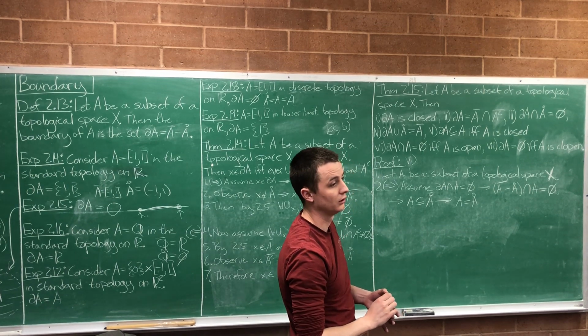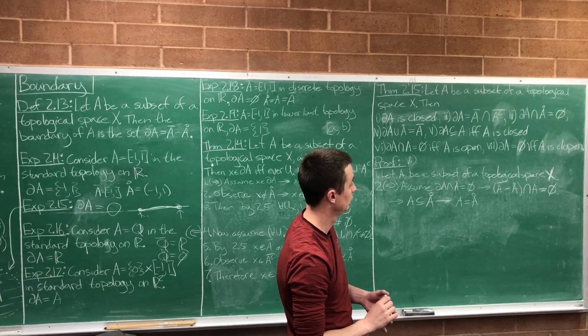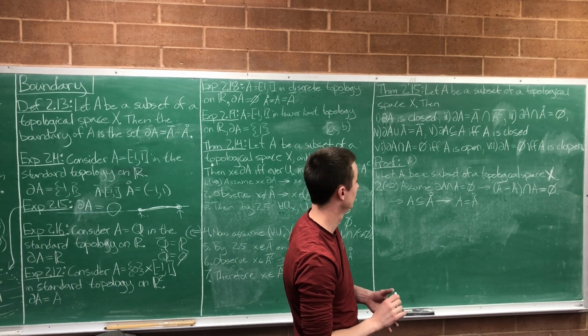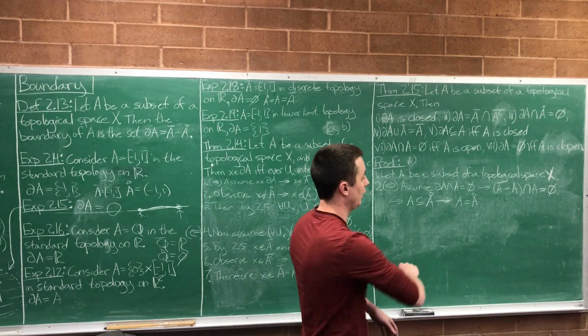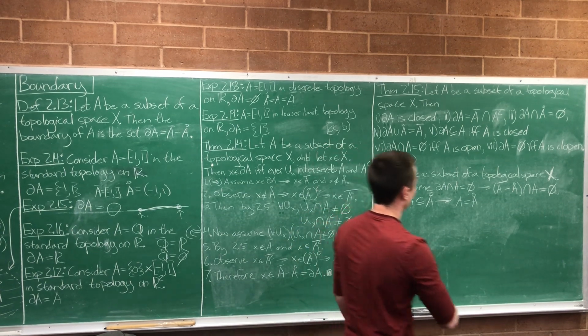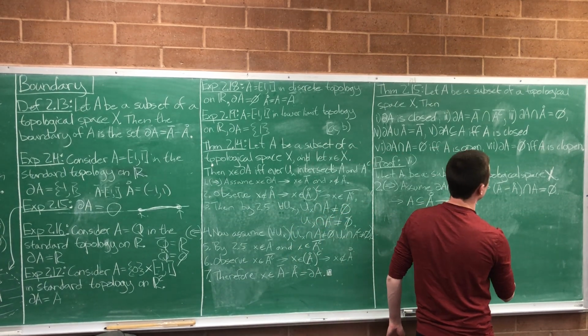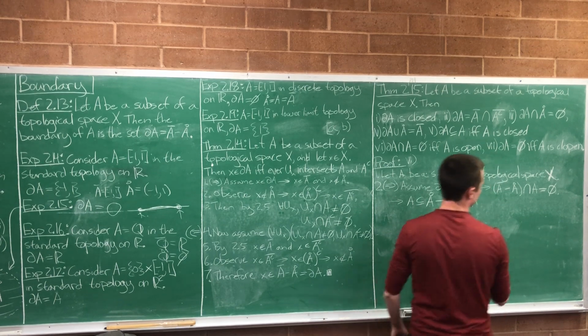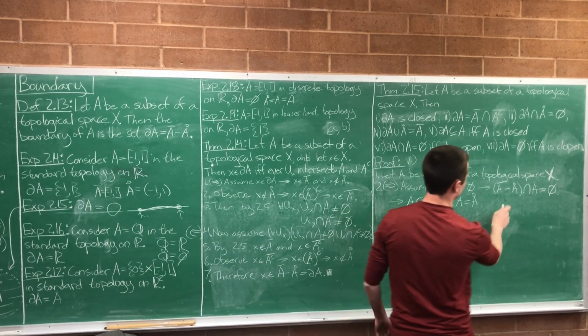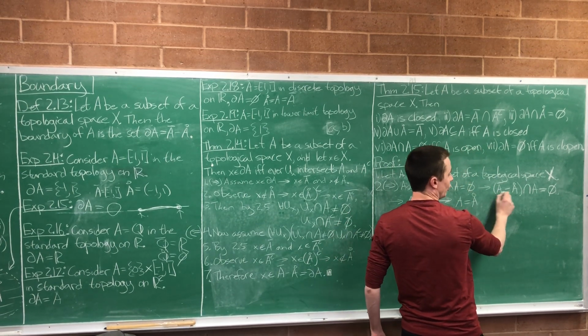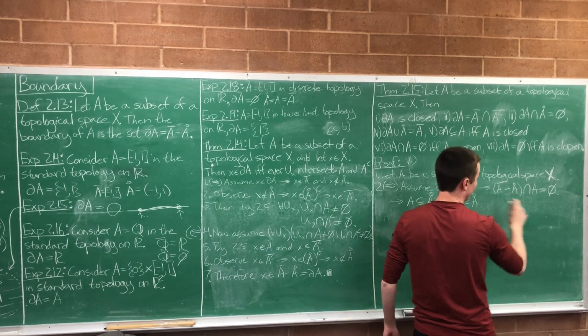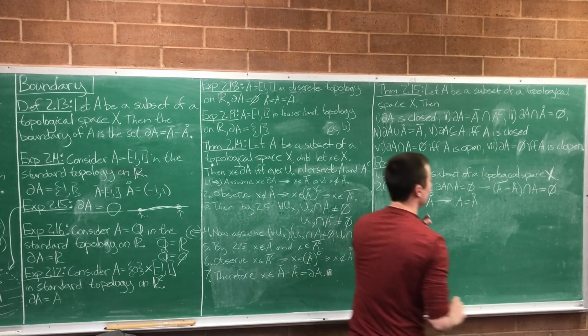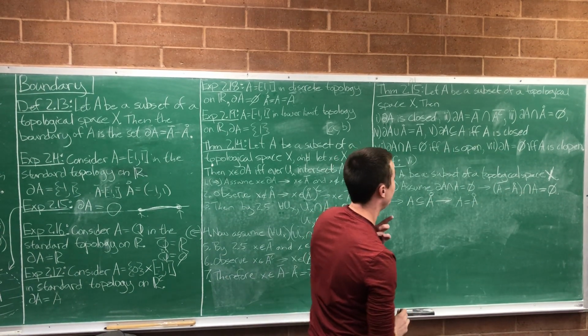It feels like you're doing a lot of explaining and not a lot of writing the proof out, if that makes sense. It feels like kind of a big jump, but I get the thinking. Right, so what you would be writing out is, so let's look at this. A closure minus A interior and A is false.